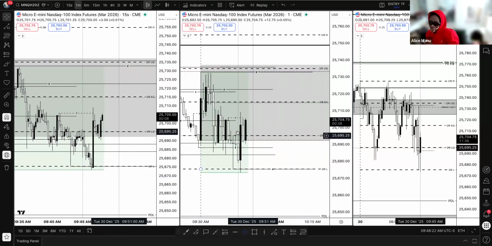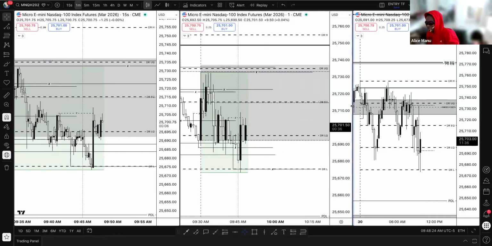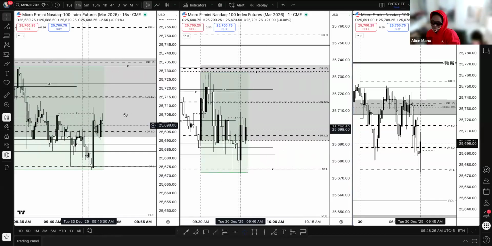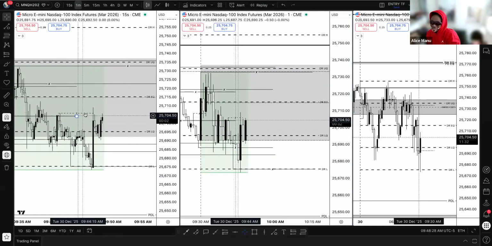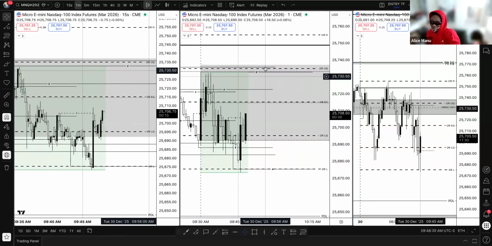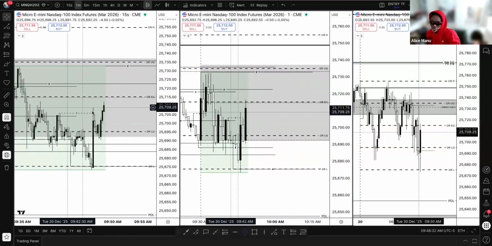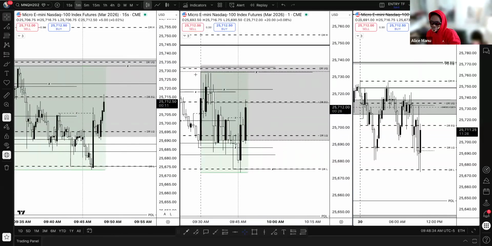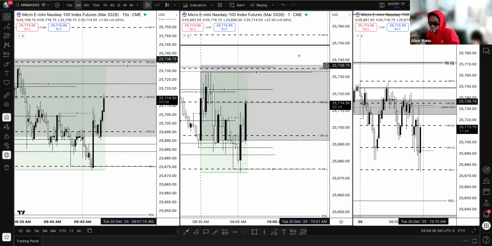We can enter on the 1 minute because it's a pro trend trade now. If it was a counter trend trade, I only like it depending on the range, and this is not that big of a range. I would only be interested on the 15 seconds.